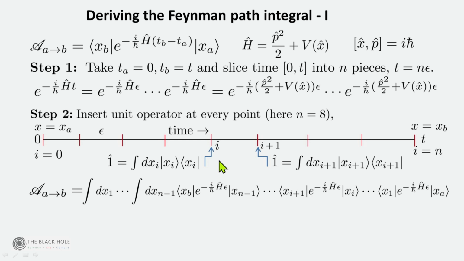So I have 7 integrals, dx1 up till dx7, and I start from here. So I go from A to the next space interval, to the next, to the next, to the next, and I have to integrate over x1s, x2s, all the way up till x_{n-1}.